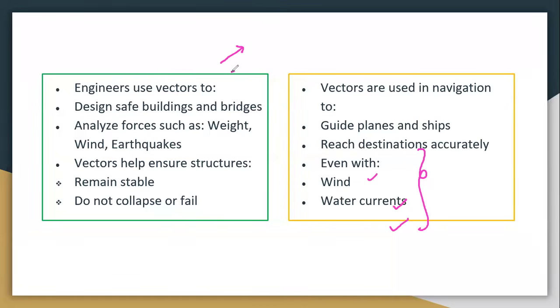Even if you see two planes very close to each other, they cannot crash because each is moving in its given direction. For them to design that space so that everyone knows where to go, vectors are applied, and there is no way planes can move without vectors.